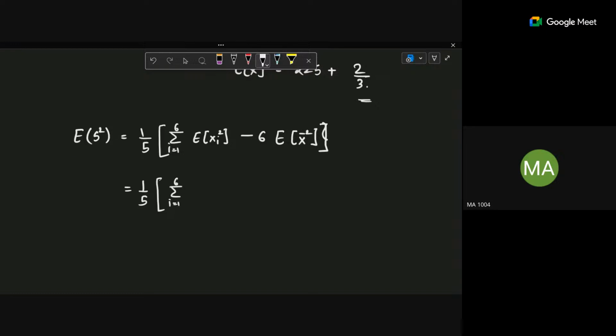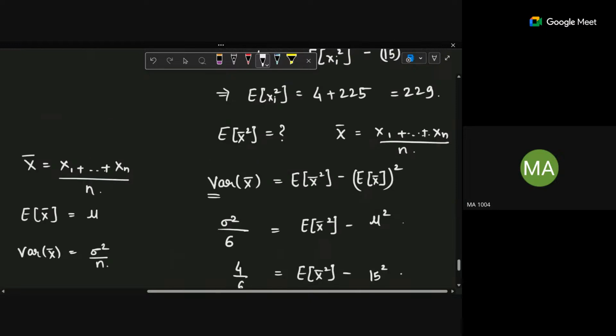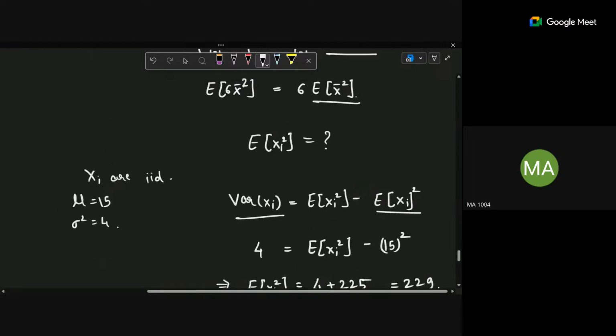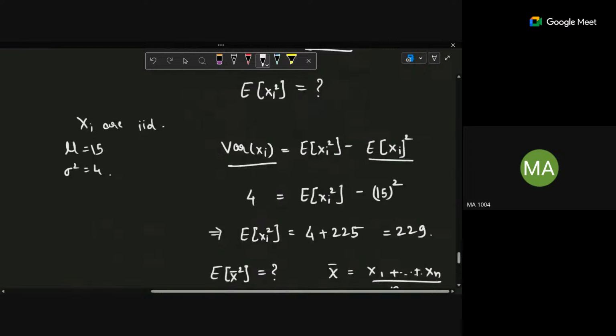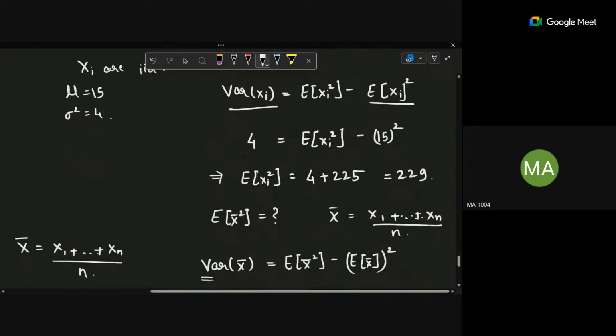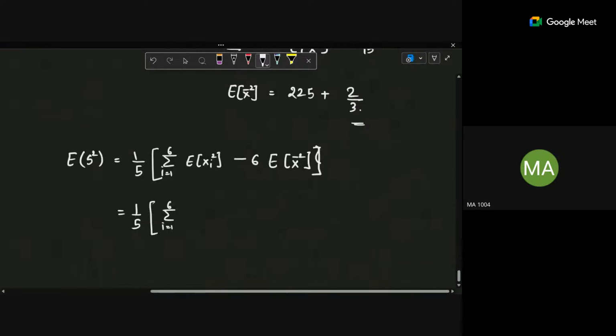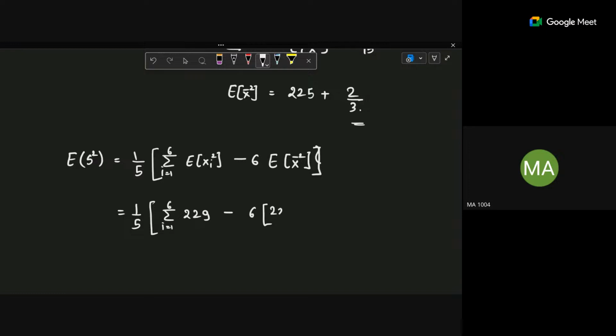Expectation of xi square is 229, minus 6 times expectation of x bar square, which is 225 plus 2 by 3.